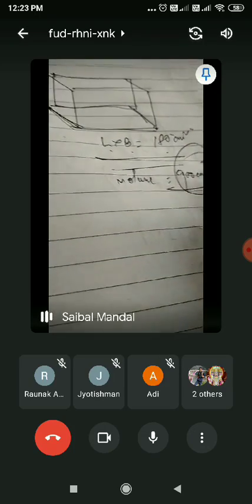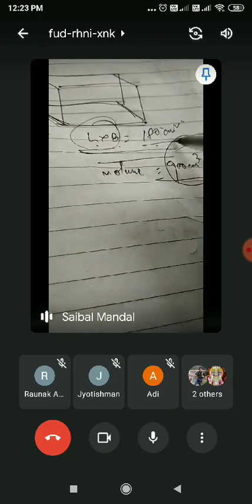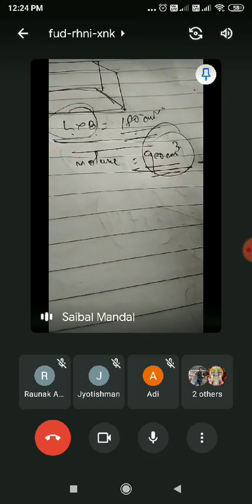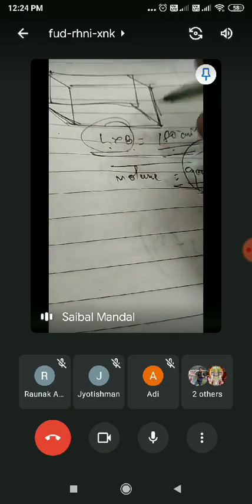So here, children, the length and breadth product is given, 180, and volume is given, 900 centimeter cube. We have to find the height of this cuboid.